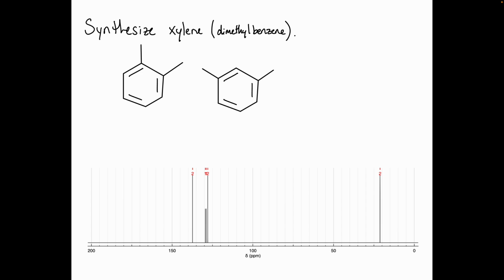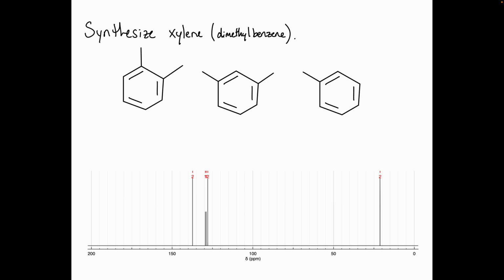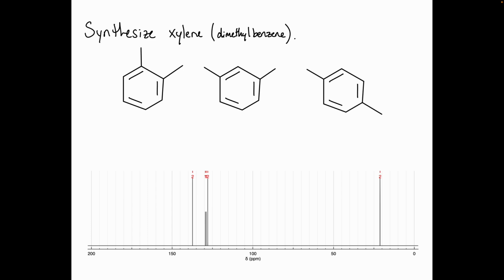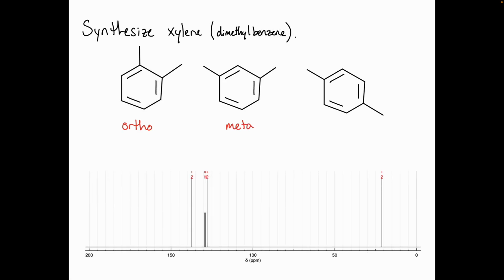Or they could be located on opposite sides of that ring. And again, you wouldn't know this because we haven't covered this, but we have special names for these orientations. This would be the ortho, this would be the meta, and this would be the para of each of those, of xylene.